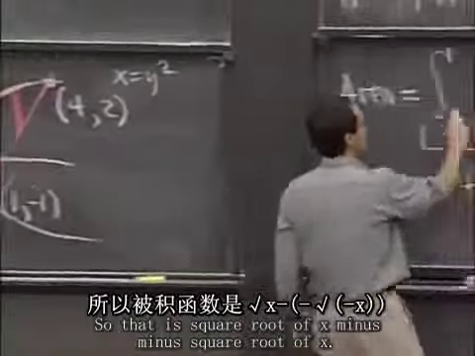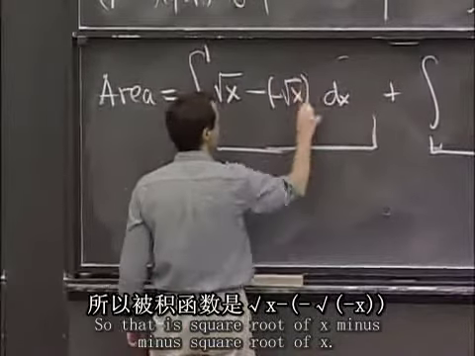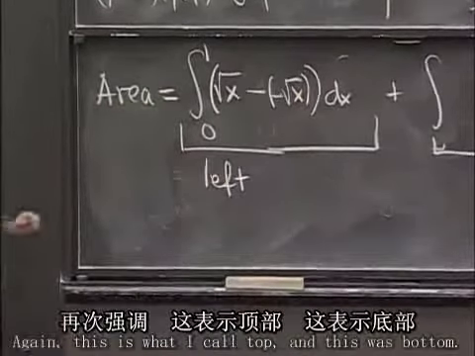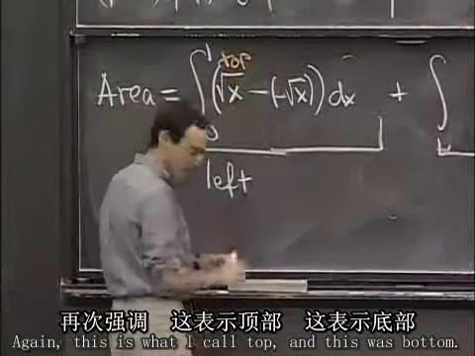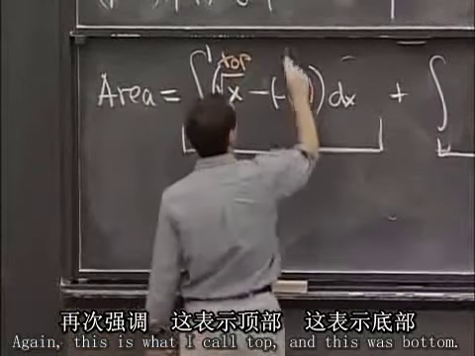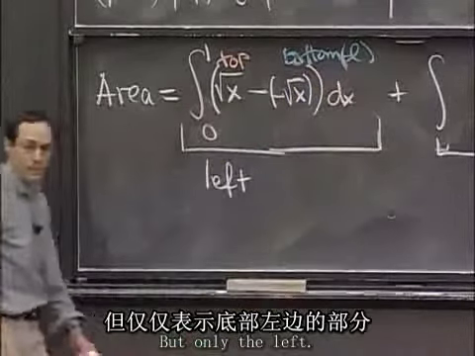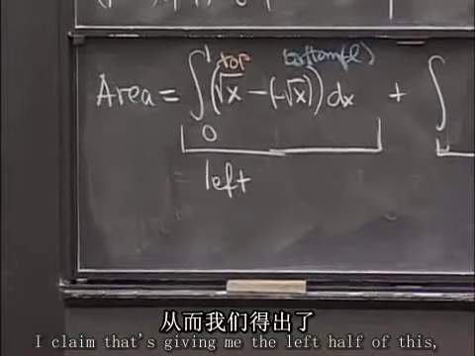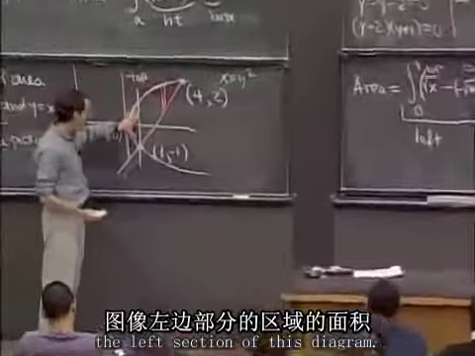So that is square root of x minus negative square root of x. Again, this is what I called top, and this was bottom, but only the left. I claim that's giving me the left section of this diagram.